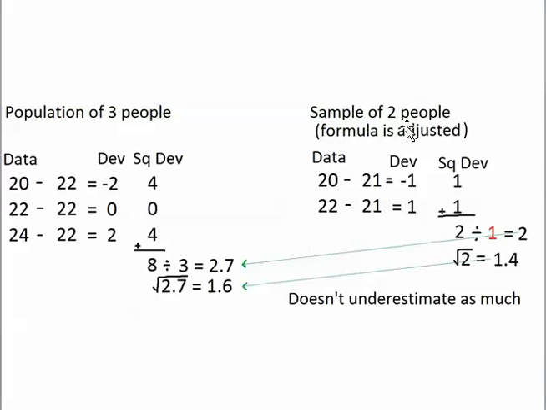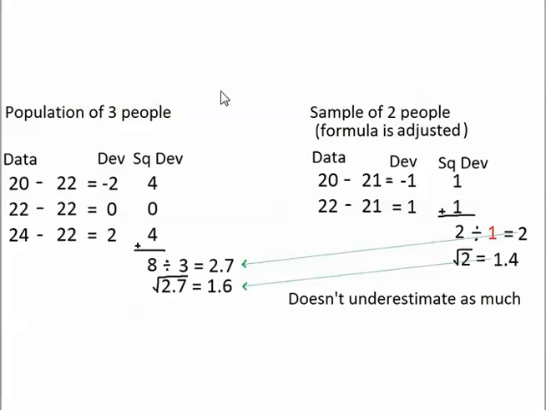You might be wondering why do these values tend to underestimate the population values? Well, the reason why is because when you take a sample from a population, the sample tends to have less spread inside of it than the entire population that it comes from, because the entire population includes everyone, all the way from the lowest person up to the highest person.